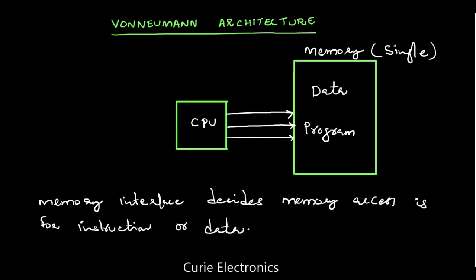So in von Neumann architecture, data and program are stored in a single memory that is interfaced with the CPU. This is a bus, including control bus, address bus and data bus. At any given time, either the CPU can fetch data or instructions, but not both.